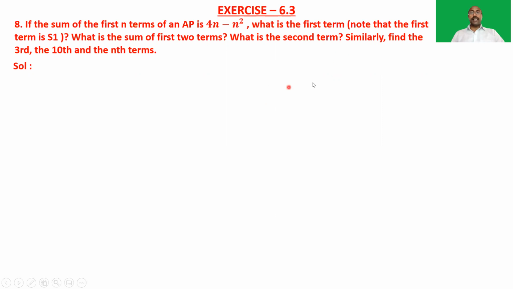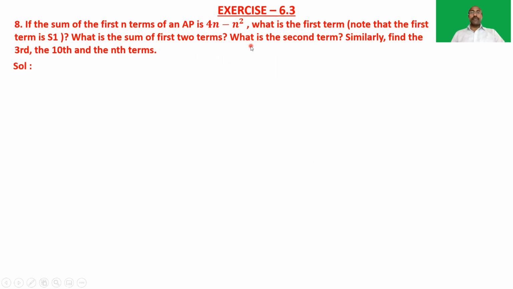So here a hint is given that the first term is S1. We also know that the sum of the first one term is equal to the first term, isn't it? A1 is equal to S1. So that is given in the problem. And also it is given that the sum of n terms, that is Sn, is equal to 4n minus n square.